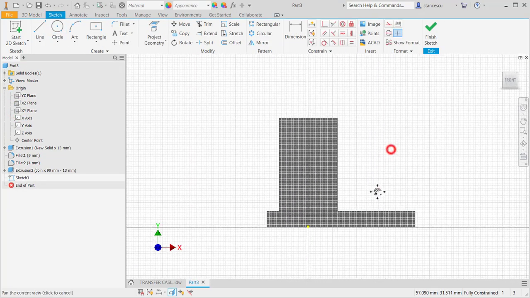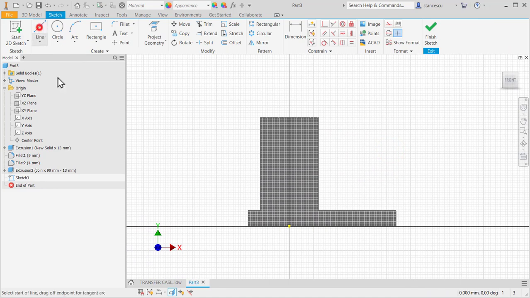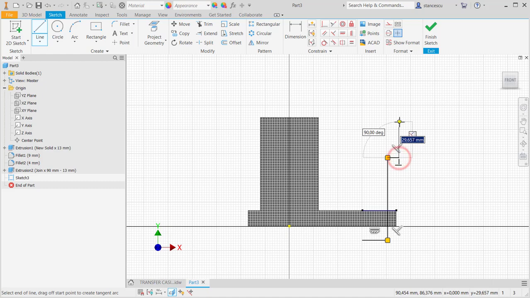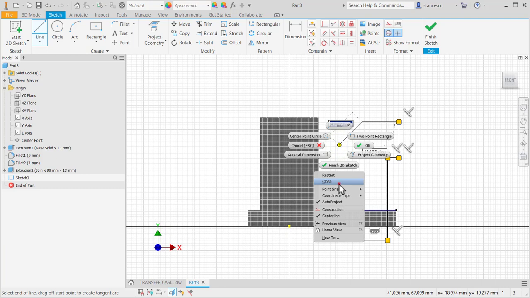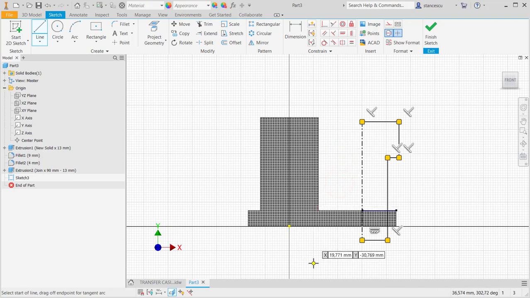F7 to see inside, and then it must be a point. This is the point. We start from here, this vertical, and then center line to close. Good.